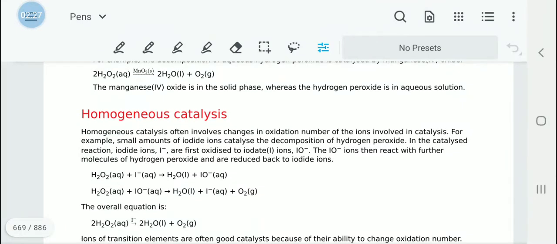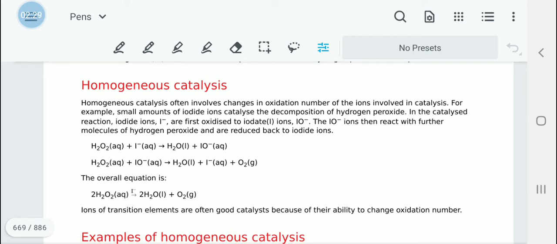Now, homogeneous catalysis is what we are going to talk about. Most of the time it involves changes in oxidation number of the ions involved in catalysis. For example, iodide ions catalyze the decomposition of hydrogen peroxide.